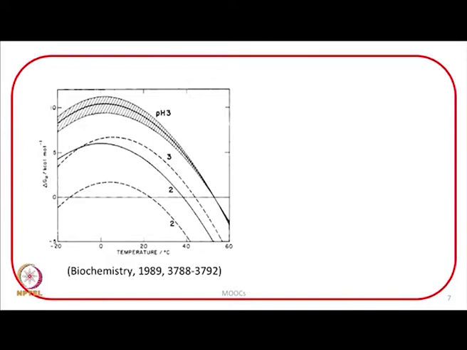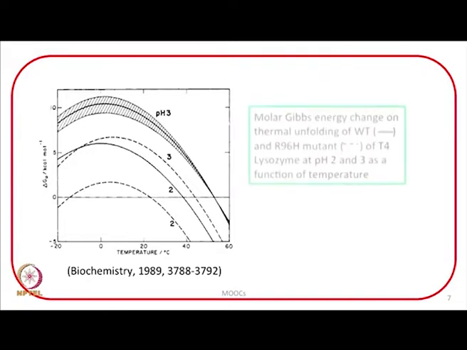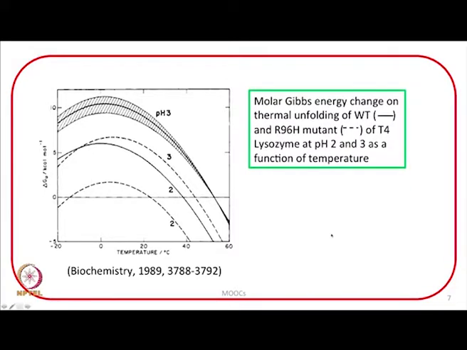In fact, if we look at this figure, it is drawn for the thermal unfolding of wild type, that is, the solid lines are for wild type and the dashed lines are for the R96H mutant of T4 lysozyme at pH 2 and 3.